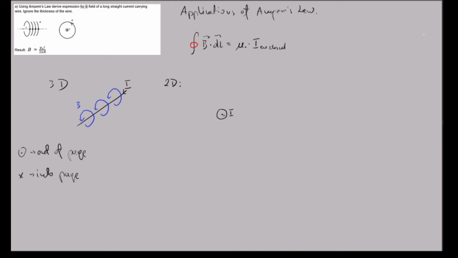So I have a current here that comes out of the page towards me, and then the magnetic field would do this. This would be the magnetic field, it just goes around like this. Circular, and it just points like this.